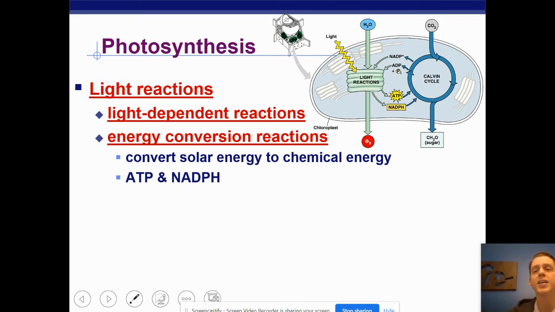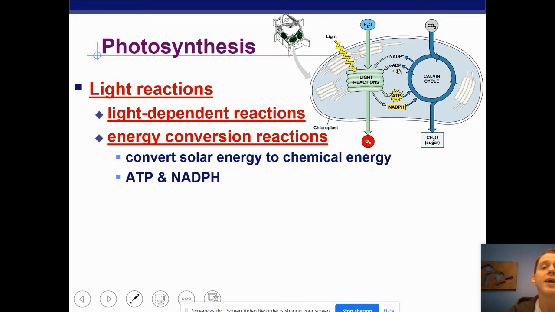What is NADPH? It's very, very similar to NADH. Again, we're using the same template. It is slightly different. When you see the P, think of plants or photosynthesis. It's the same deal. It's just a slightly different structure. ATP is the same as always. ATP works the same way. They are created by the light reactions.